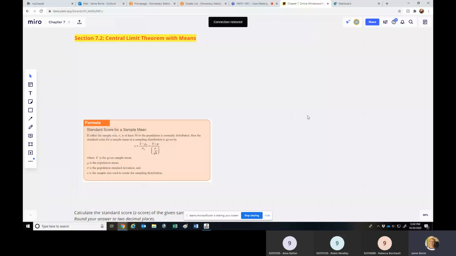All right, so section 7.2 is called Central Limit Theorem Means.